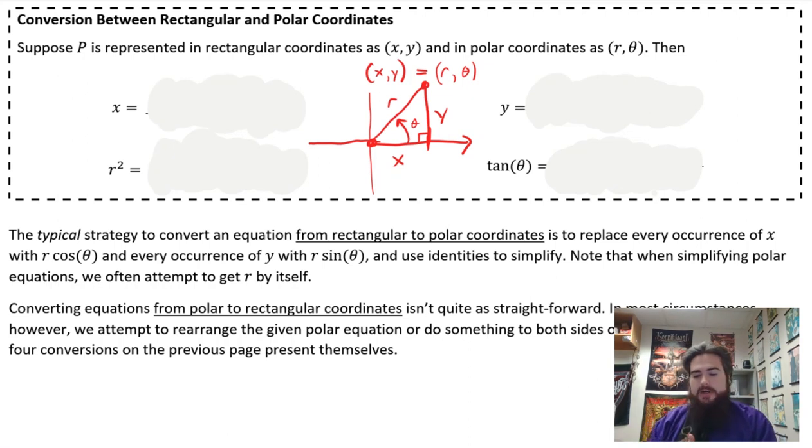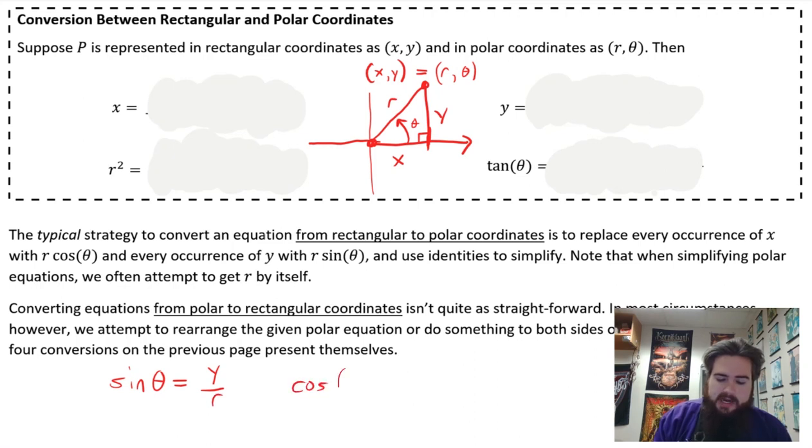If we use various concepts from the past to relate these things, we can come up with some of our equations. For example, I could use trig functions such as sine and cosine. Sine of theta would be the opposite over the hypotenuse, so y over r.